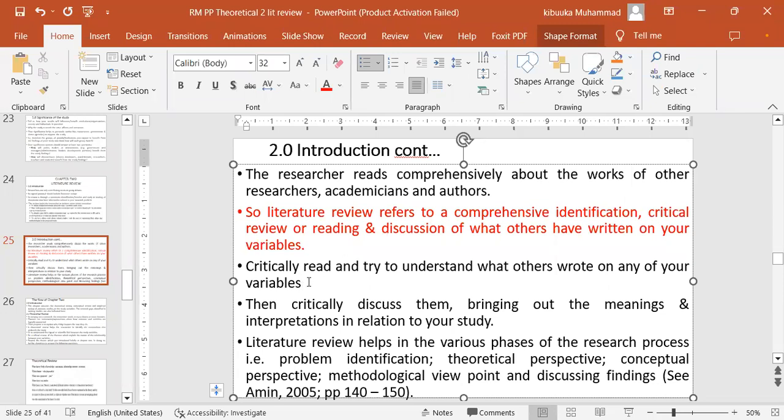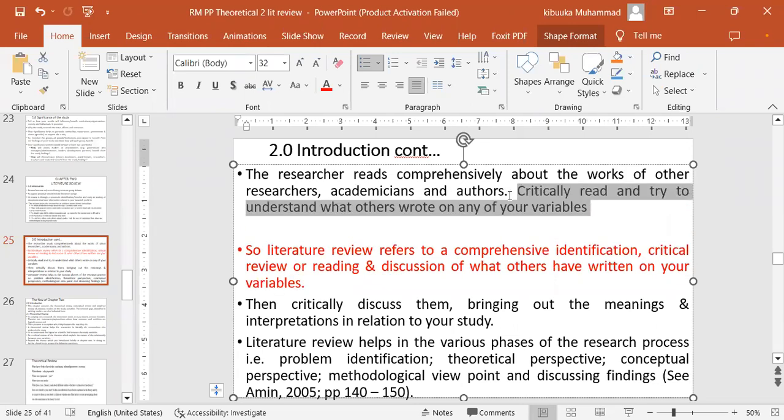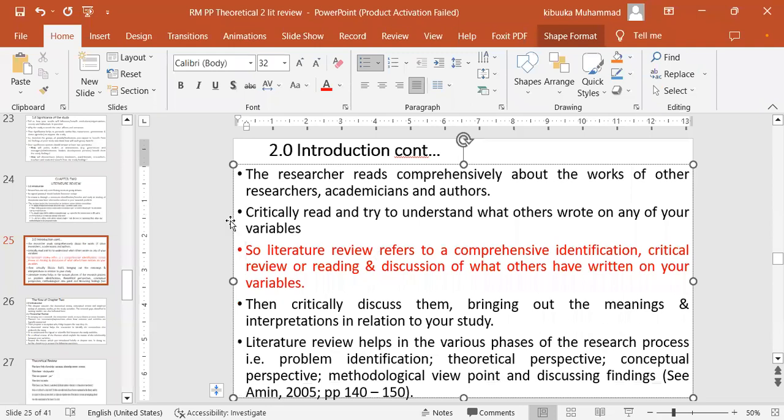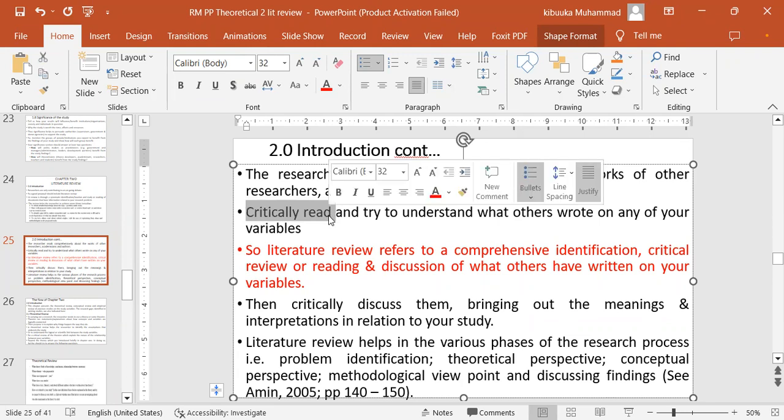But as you are reading, I said, this comprehensive reading we are talking about, I hope we are following. We say that you critically read and try to understand what others said on your concept you are reviewing. The key word here is critical reading.